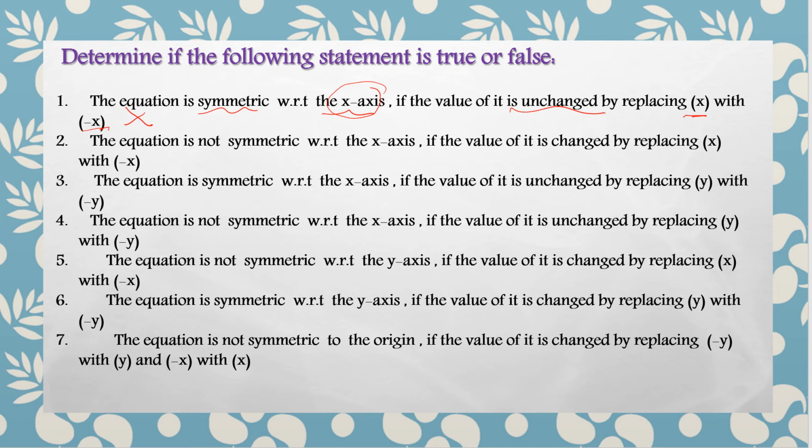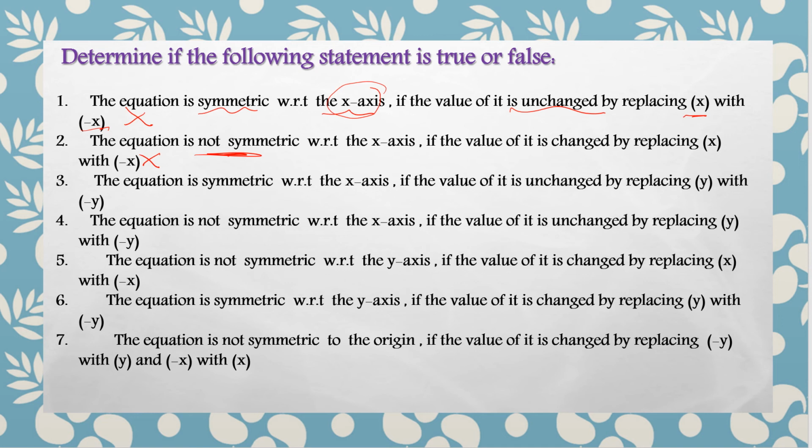Question 2. The equation is not symmetric with respect to the x-axis if the value of it is changed by replacing x with negative x. This is also false, as by testing symmetry with respect to the x-axis, we change the value of y, not the value of x.